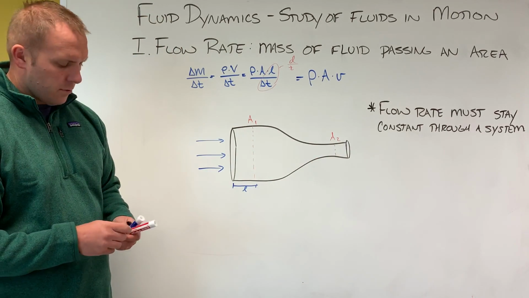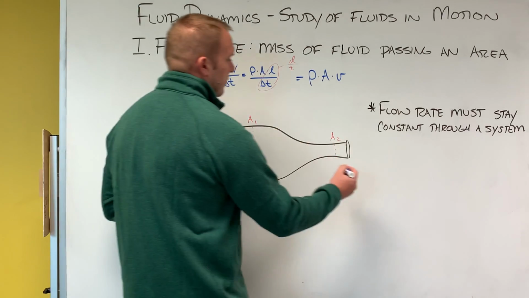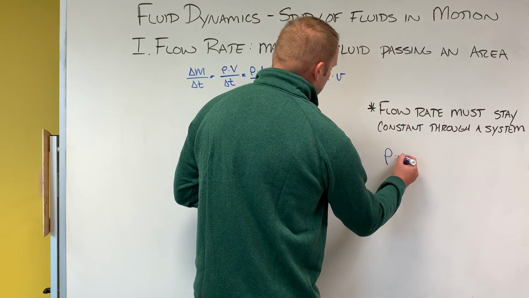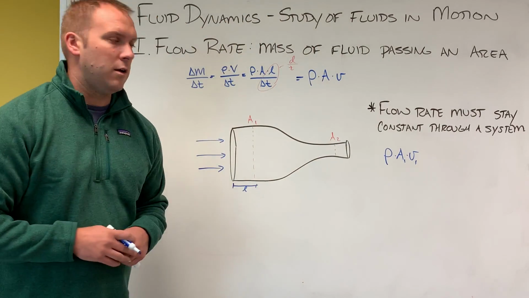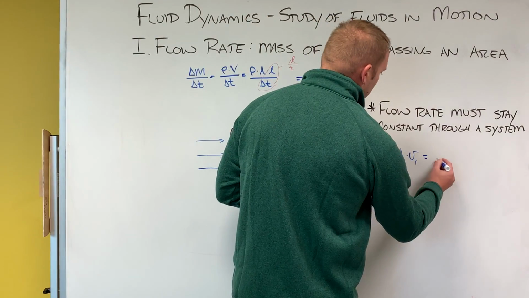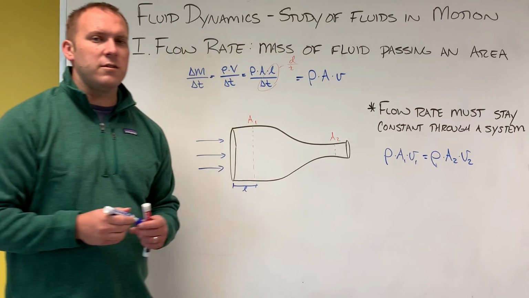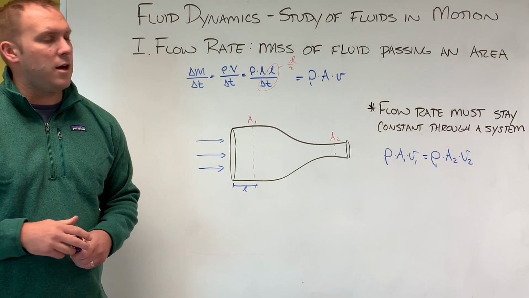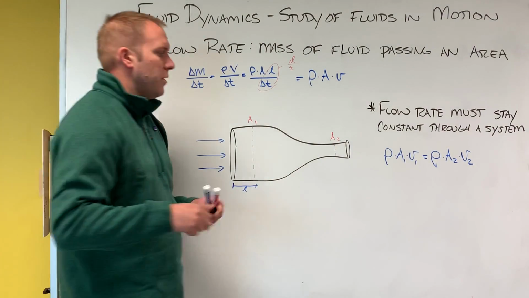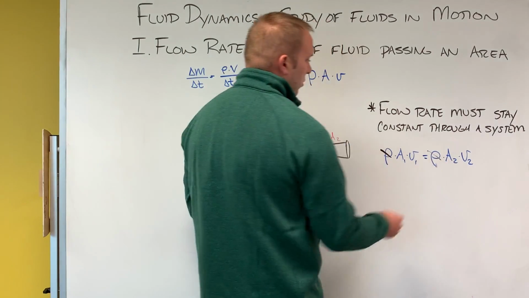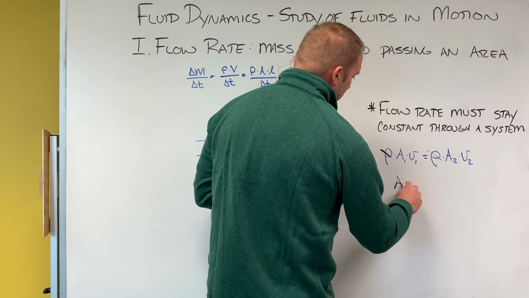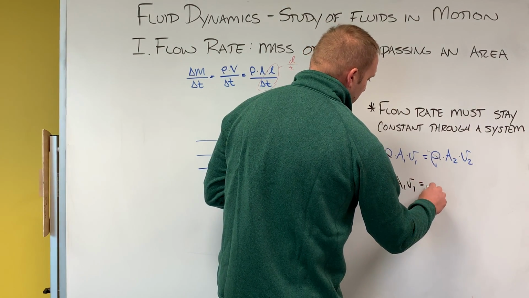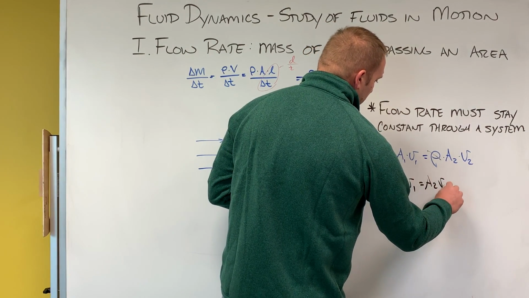Well, if the flow rates must remain constant, that means the density times the area times the velocity at position 1 must equal the density times the area times the velocity at position 2. If that's true, then density can go away, and we're left with the relationship that area times velocity must also equal area times velocity.